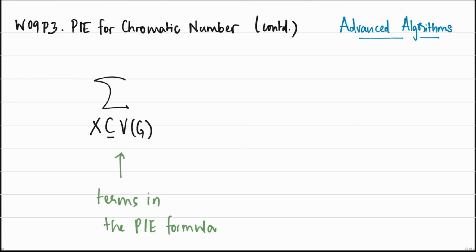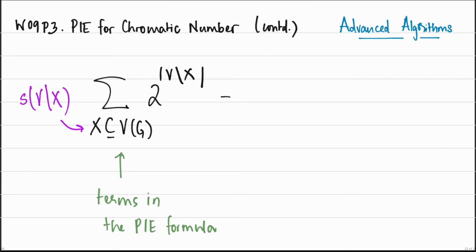When we want to compute the term corresponding to x, we are trying to compute s of v minus x. So that's going to take us time proportional to 2 to the size of v minus x. And of course there's a poly n overhead, which I'm not writing down here. We'll come back and mention that at the end.